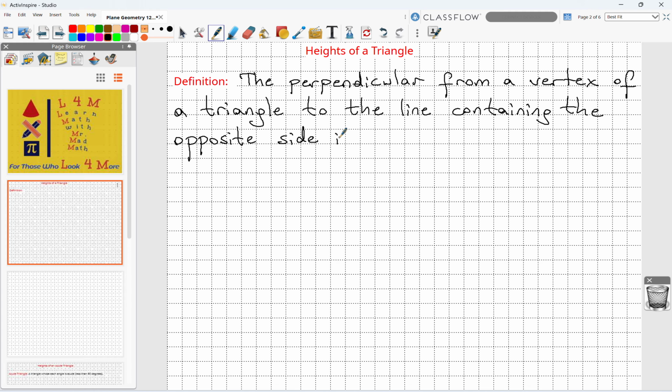So we are drawing the perpendicular from the vertex to its opposite side.